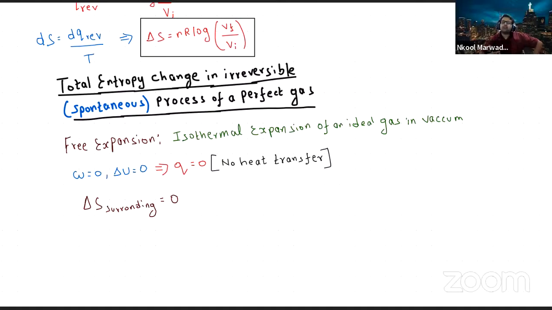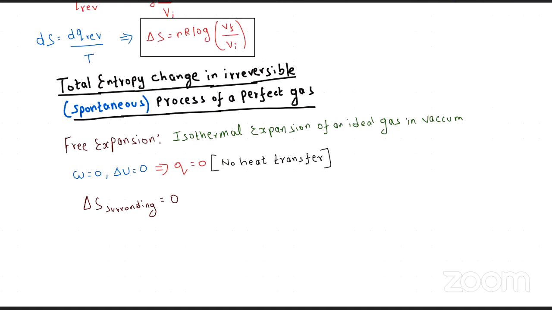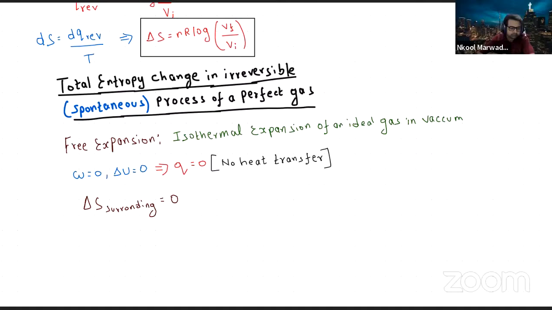Delta S of the system, why can't we take 0? Because the system is not vacuum. The system has gas, and if it has gas, entropy has to be there. From the reference frame of the system, the gas is expanding, and if the gas is expanding, entropy has to increase. For the surrounding it is 0 because the surrounding is vacuum, and no heat transfer is taking place.